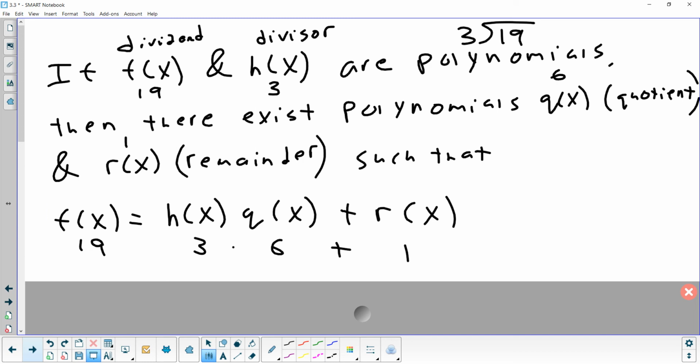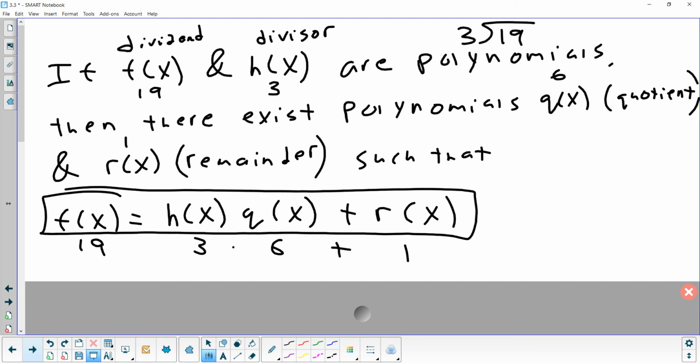Is 3 times 6 plus 1, 19? Yep. So this is a formula that we know is always going to work. Dividend equals divisor times quotient plus remainder. Any questions on what's in that box? Because that's going to help us to figure out something right now.